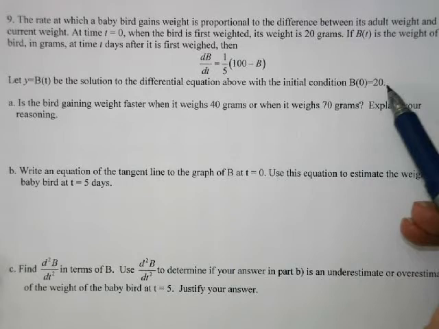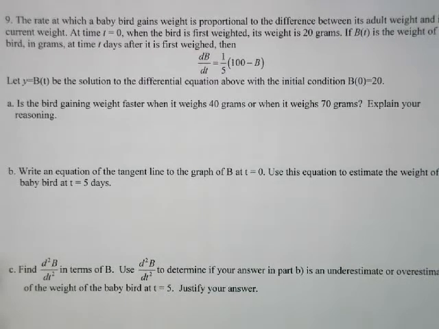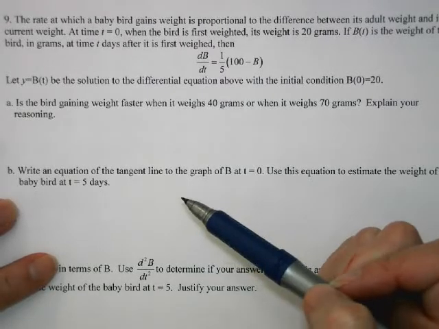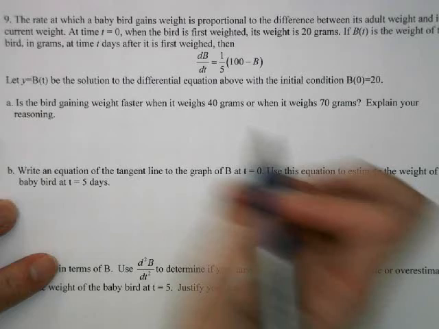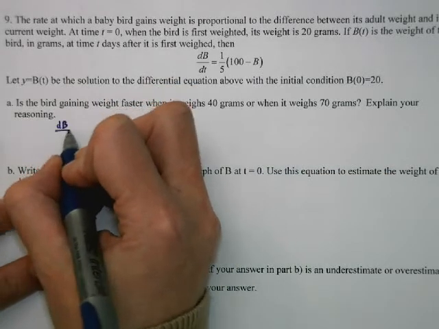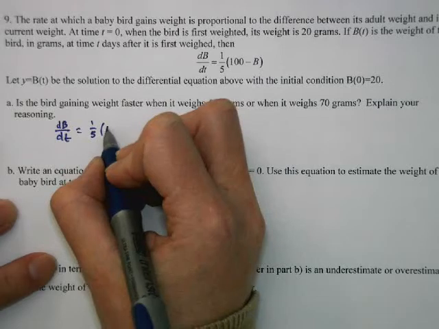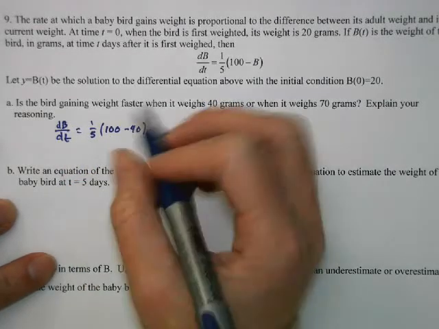Is the bird gaining weight faster when it weighs 40 or when it weighs 70? So we're simply going to plug in the b, 40 and 70, to see which of the rates is bigger. So we're going to plug in 40. So I have 1/5 of 60, which gives us 12.